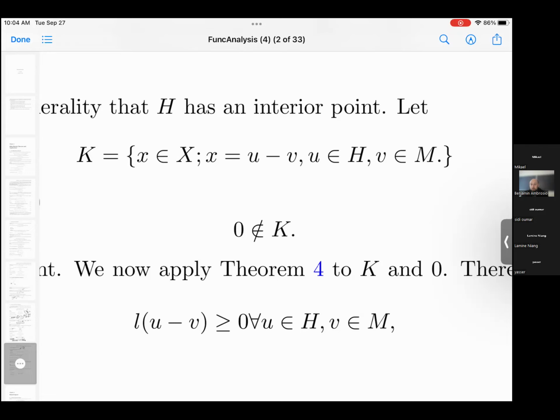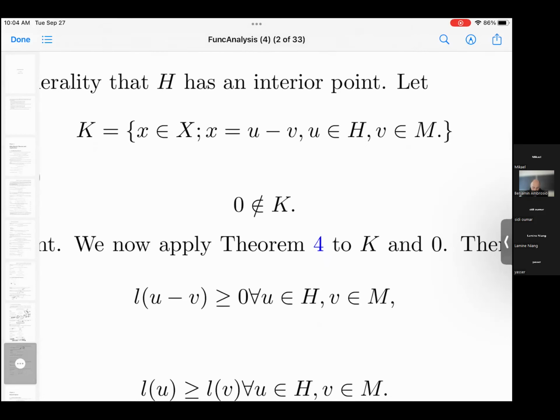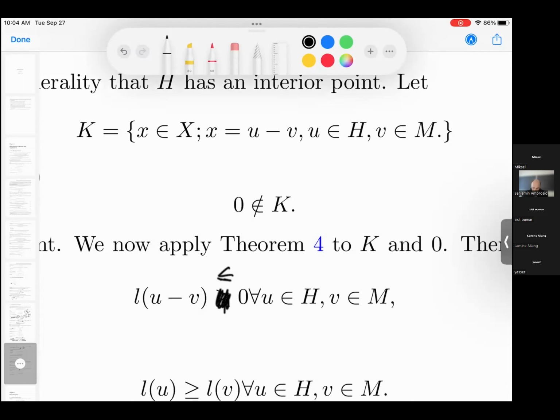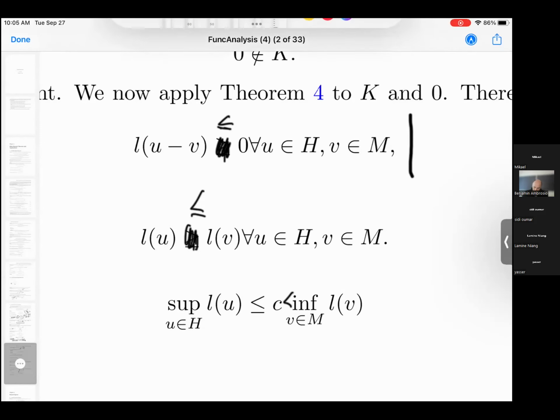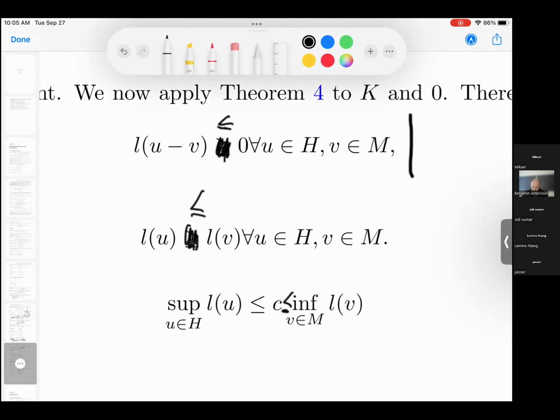But L is a linear function, so L of 0 is 0, which gives you L of u is less than L of v. And that's the end of the proof, because now you can take some C such that this thing holds, and that's it.